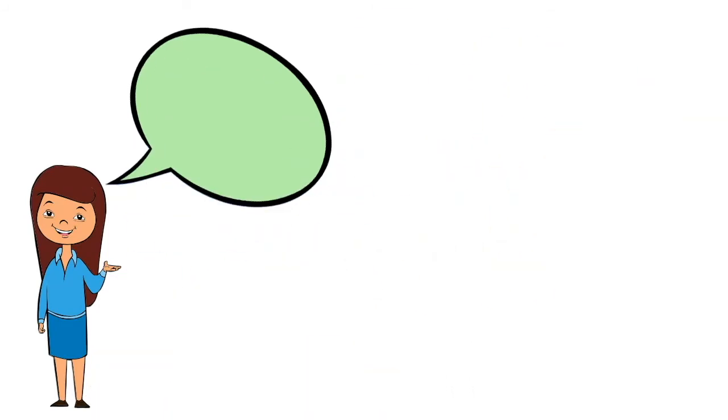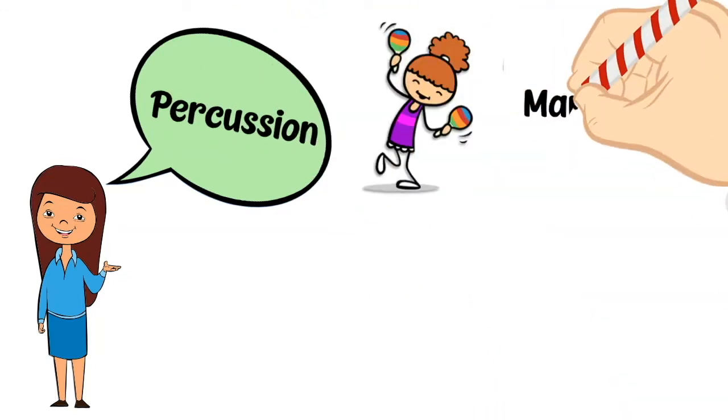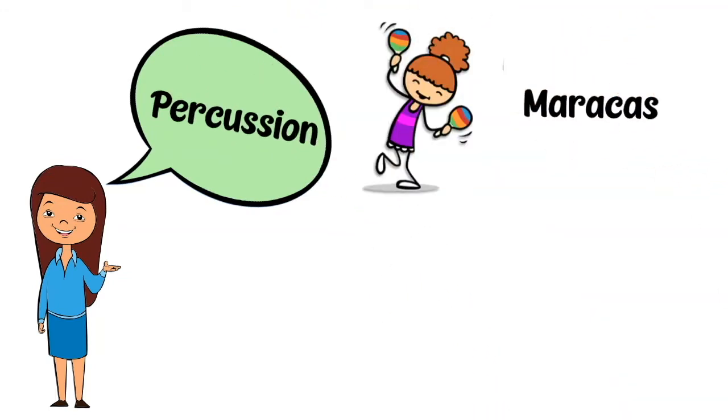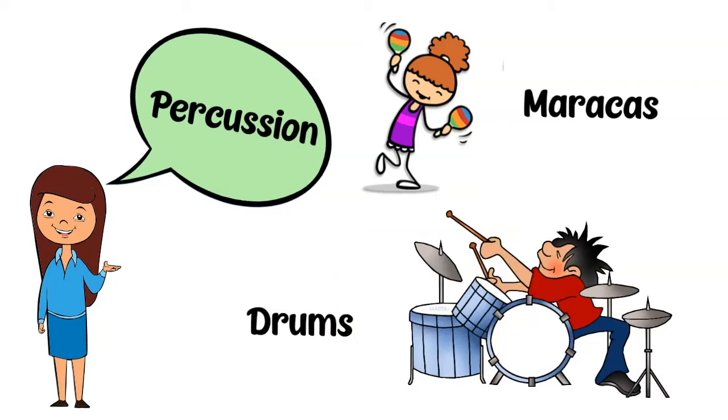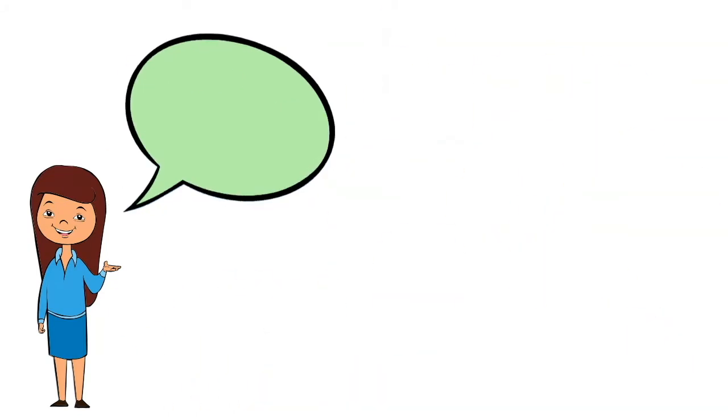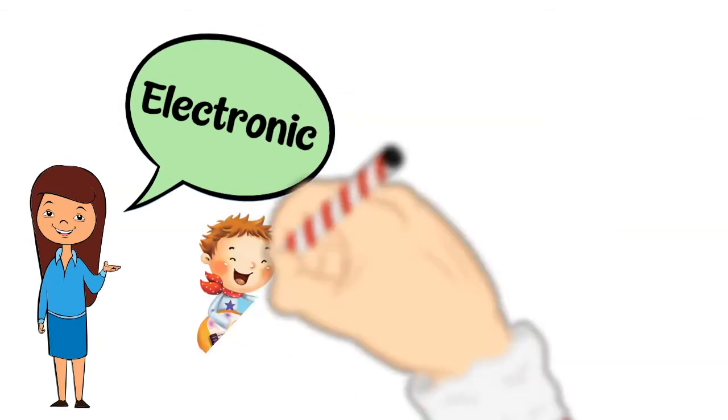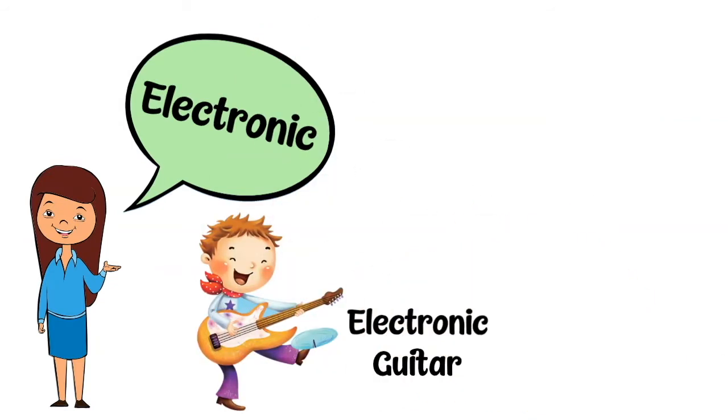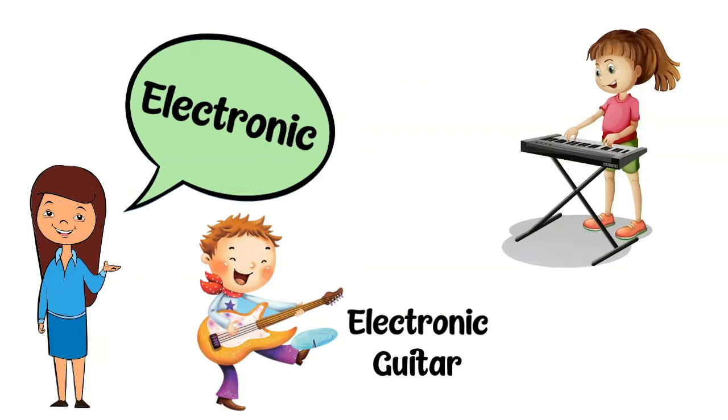Let's look at some examples for percussion. We have maracas and drums. Finally, let's look at some electronic musical instruments. We have electric guitar and keyboard.